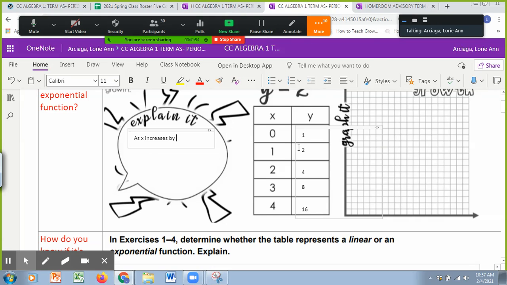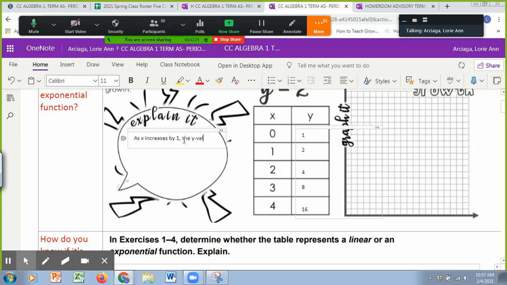Oh, we will write that one later, honey, for the y value. But I'm writing here as the x increases by how much? Because we're trying to explain what's happening in the table of values. So by how much do your x increase? By 1. All right, so as x increases by 1, Emily said the y values are actually powers of 2, right?